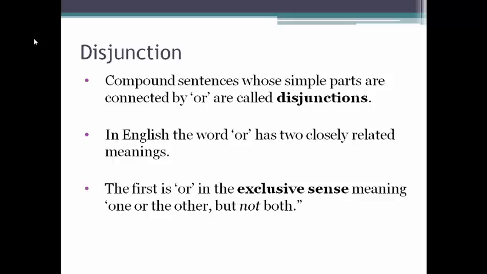The first is or in the exclusive sense, meaning one or the other, but not both. So your book gives the example that if you're at a restaurant and you're told you can have soup or salad, that means you can have the soup or the salad, but not both the soup and the salad. That is or being used in the exclusive sense.